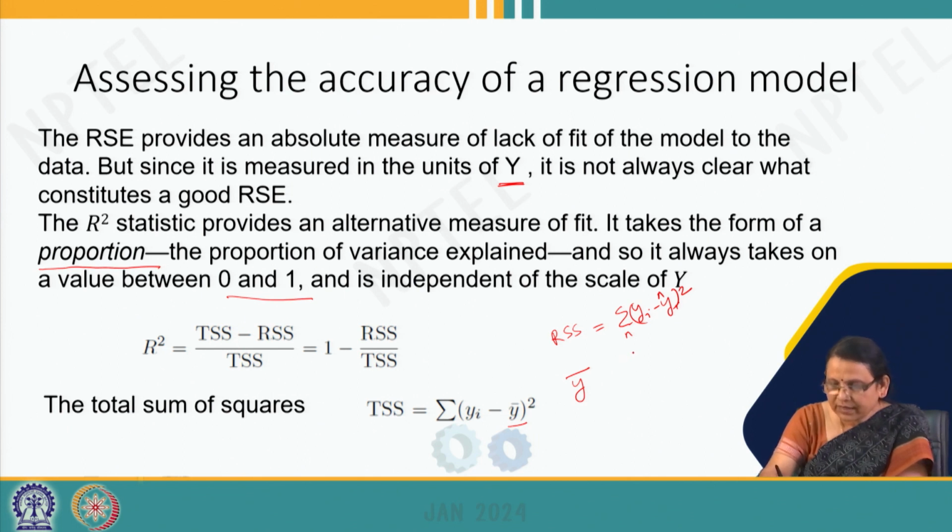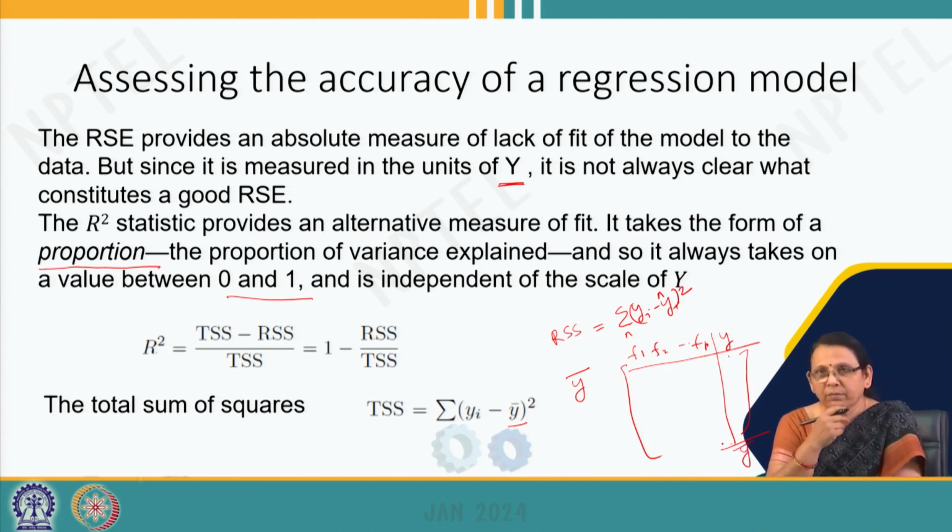In your data set, you had the features f1, f2 up to fp, and your response variable was y, and you had many values. Now, when we consider this y of the training patterns, these y values have some average, and there will be some deviation of each of these y's with respect to this y bar.